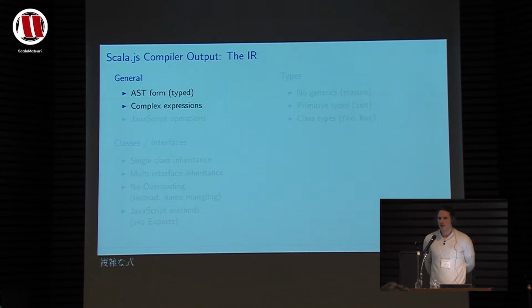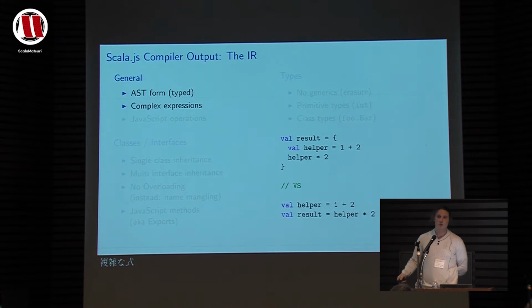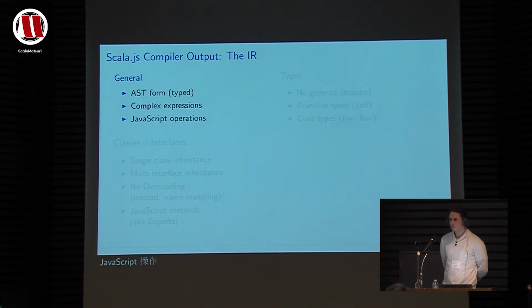The IR allows for complex expressions. What does that mean? It's something we're very used to in Scala. Essentially, it means that a block or an if statement or a match statement or a switch statement is an expression and not just a statement. So I'm allowed to assign a block to a left-hand side value. We'll see that's not the case in JavaScript, so we'll have to do something about that. The intermediate representation also allows JavaScript operations.